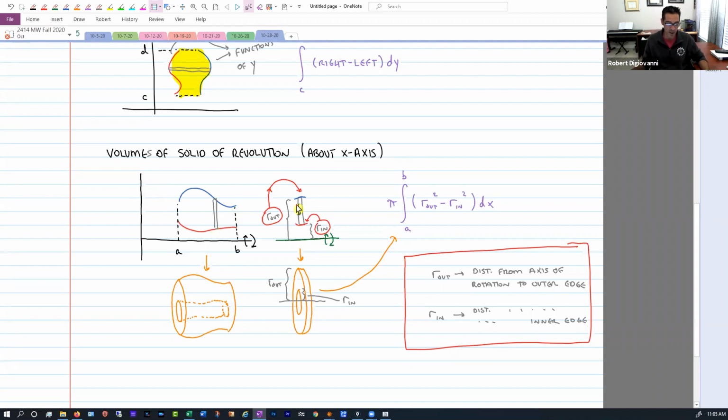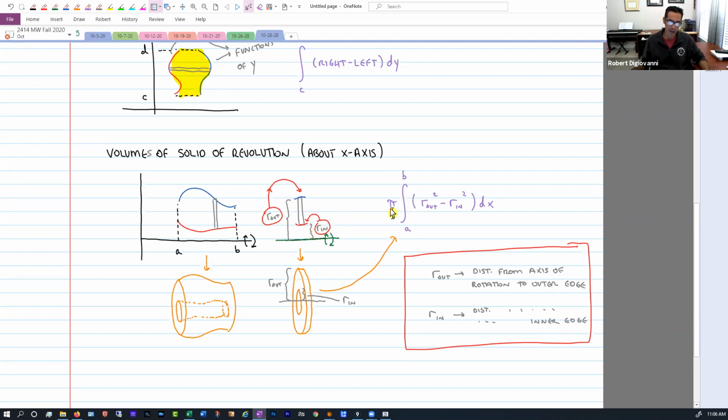It'll always be this scenario. And so we use the formula for the volume of a washer in order to create a formula for the volume of one of those rectangles being wrapped around. What we came up with was this idea of trying to determine the outer radius and the inner radius. And so the formula for it was pi.